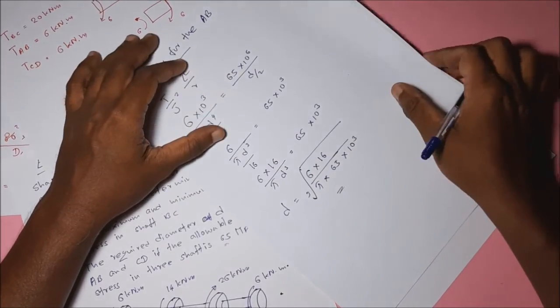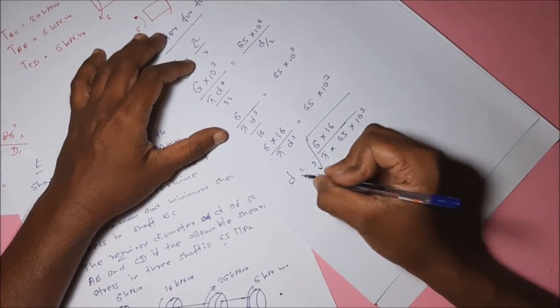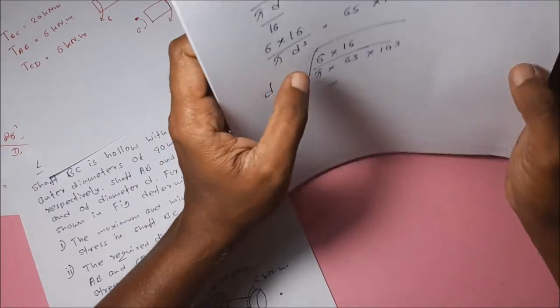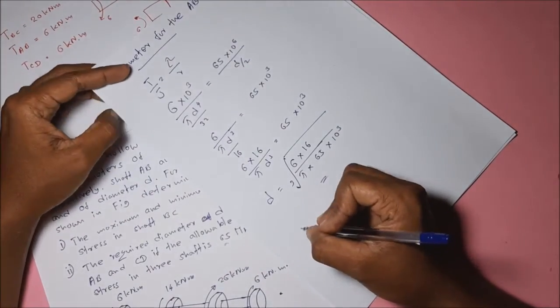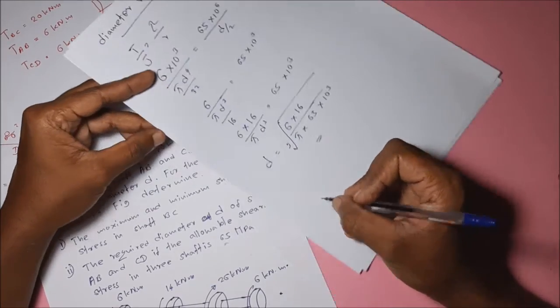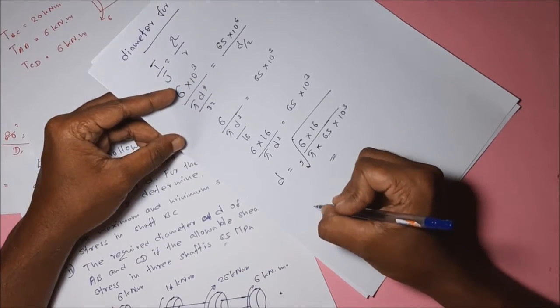Then this is the answer for the diameter for the shaft AB. Then as a homework, do this one also, the diameter required for the CD shaft.